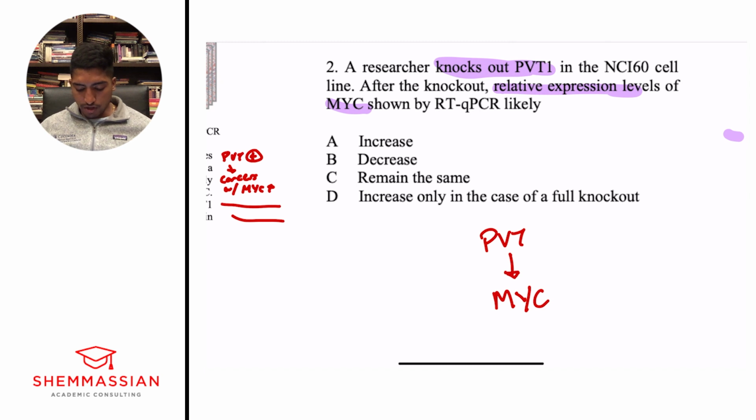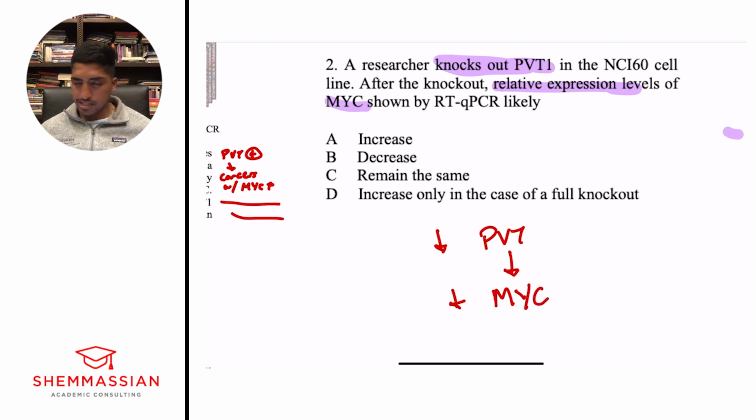If we draw a downward arrow, and the downward arrow continues directly down, that would mean we'd have a decrease, right? Decreased PVT would result in decreased MYC, just in the same way increased PVT would result in increased MYC. Since they are directly related, the arrows just follow. If we have an increase here, it's going to also follow this way, and it'll increase that.